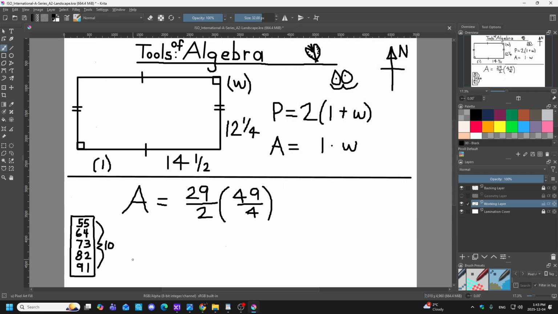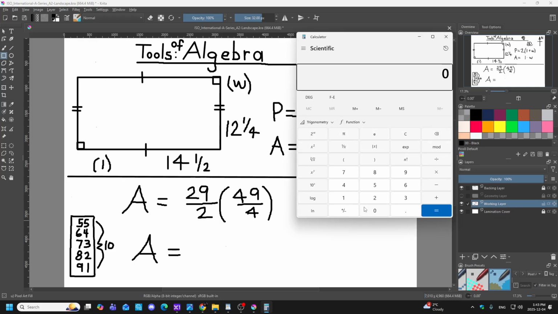392. Thankfully, it divided nicely. I couldn't reduce. There's no way to reduce here. So you pretty much just have to do the long math, okay? 29 times 49 divided by 8. 2 times 4 is 8, right? Whoops. Let's do that again. 29 times 49 divided by 8. What?